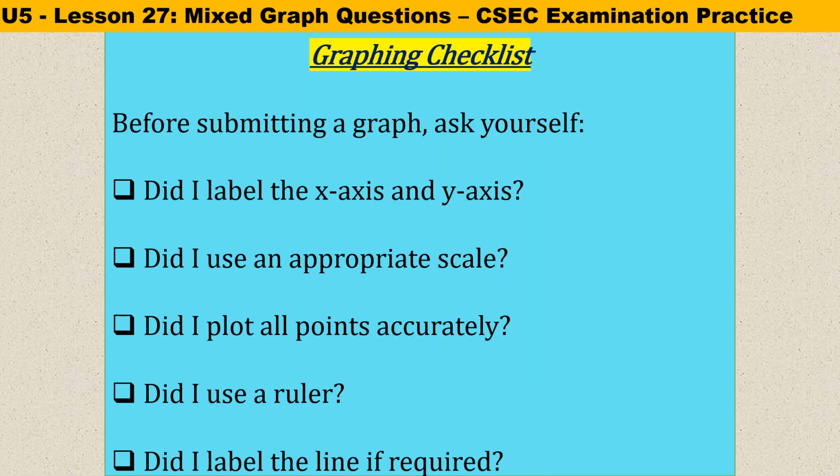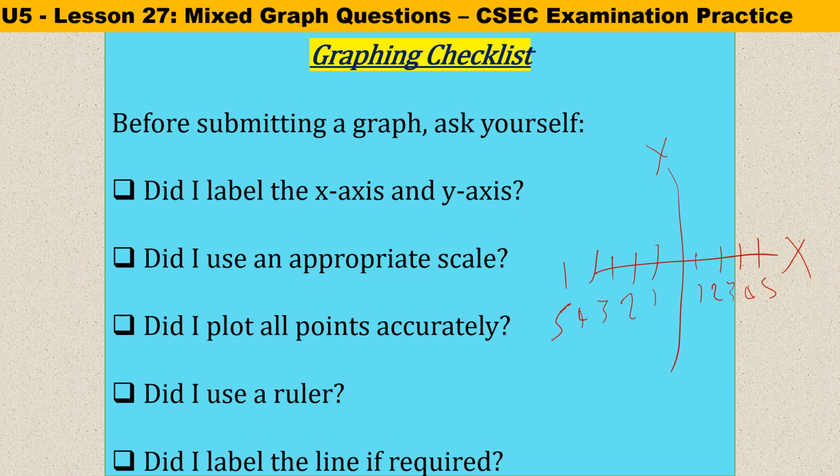So, graphing checklist. Before submitting a graph, ask yourself these questions. Did I label the x-axis and the y-axis? Always label your y and your x. That's what you're checking for. Did I use an appropriate scale? 1, 2, 3, 4, 5. Did I plot all points correctly?